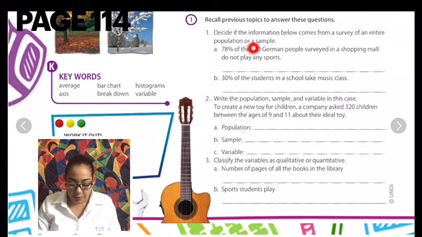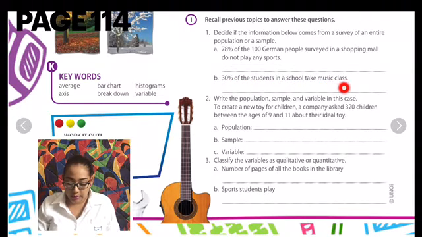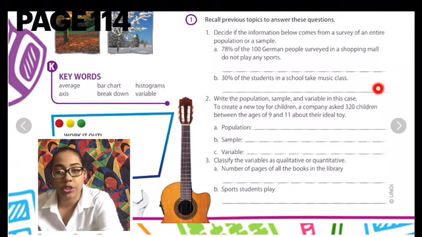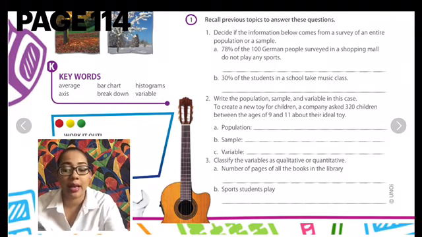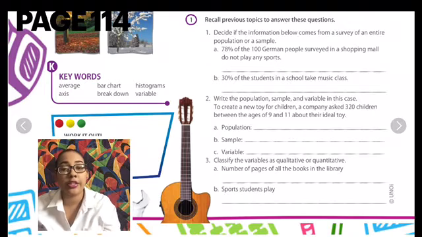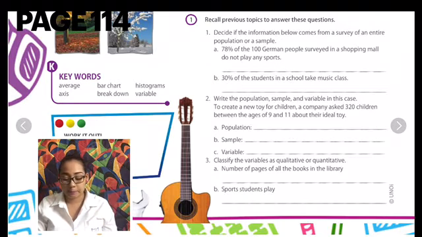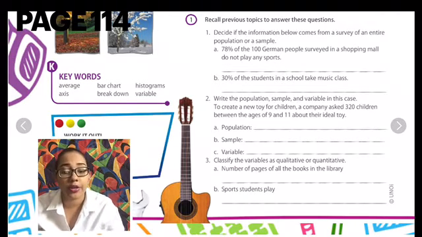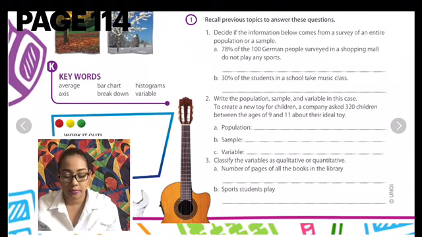Letter A, 78% of the 100 German people surveyed in a shopping mall do not play any sports. B, 30% of the students in a school take music classes. So you have to choose which one of those is a population and which one is a sample, according to the questions that are asking you there.